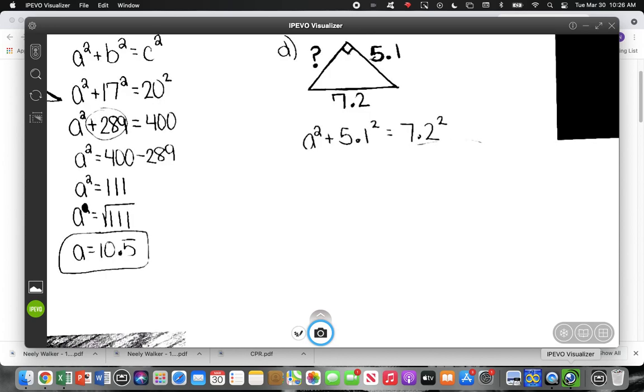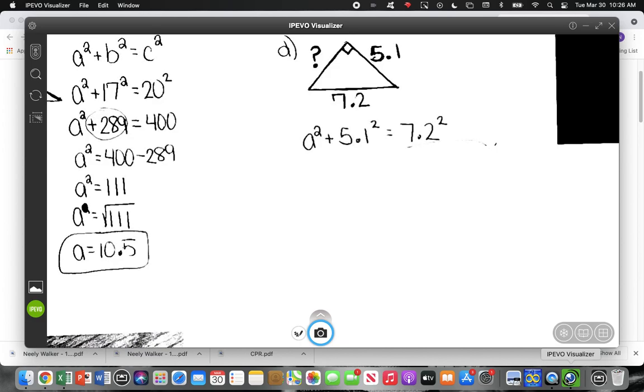Okay. I want you to take a look at this. What do you think about this first part? A squared plus 5.1 squared equals 7.2 squared? Yes? So then you have to take 5.1 times 5.1 and 7.2 times 7.2.